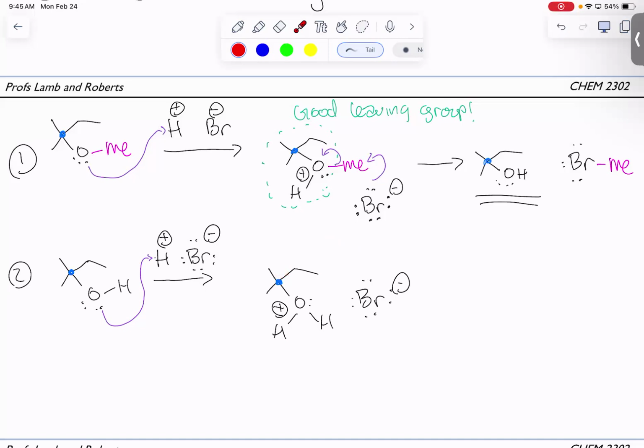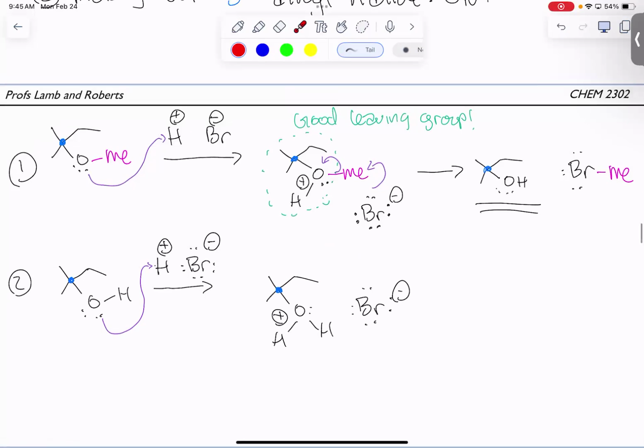So this is where the mechanism differs from the one above. Instead of having an SN2 reaction, instead we have an SN1 reaction, which means that water, which is our good leaving group, I'll highlight that this water would be a good leaving group.